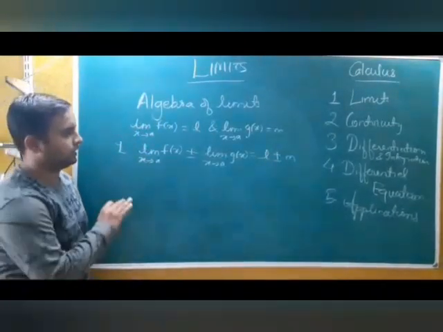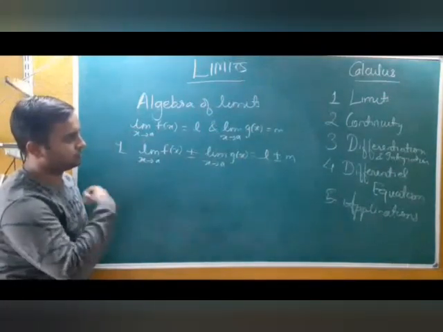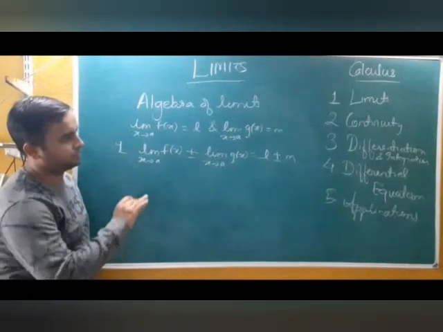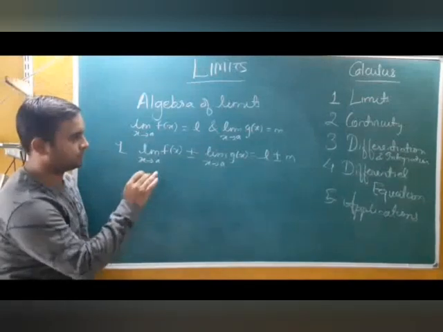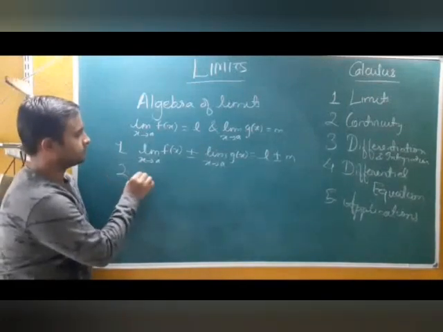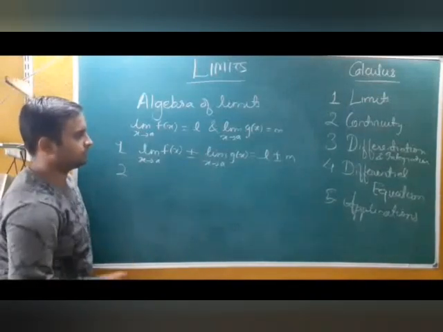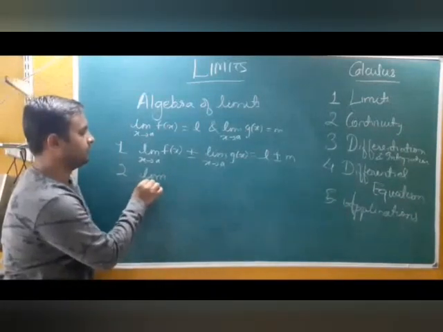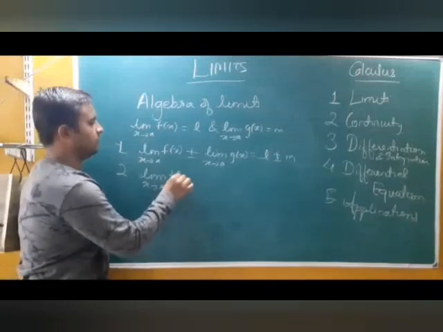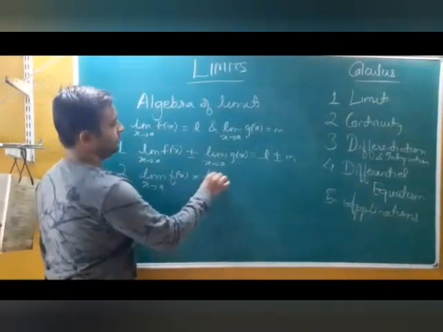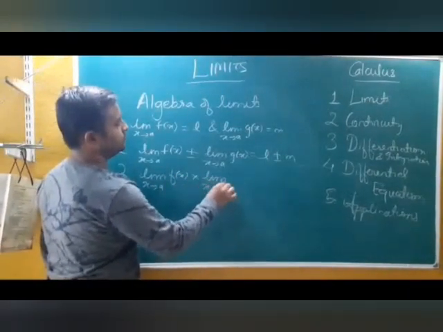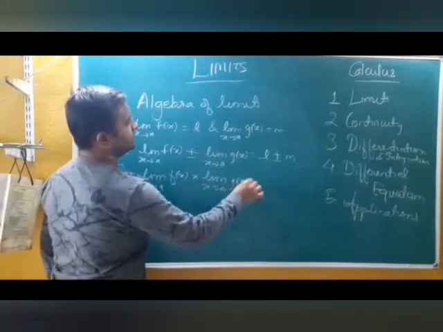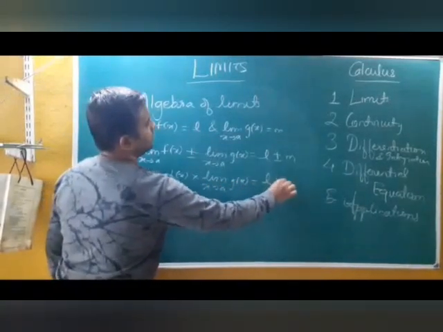So if the limit is given in terms of addition, we simply add the limiting values. Second, addition, multiplication is done, addition, subtraction is done. Let's go to multiplication. Limit x tends to a f of x into limit x tends to a g of x equals L into m.